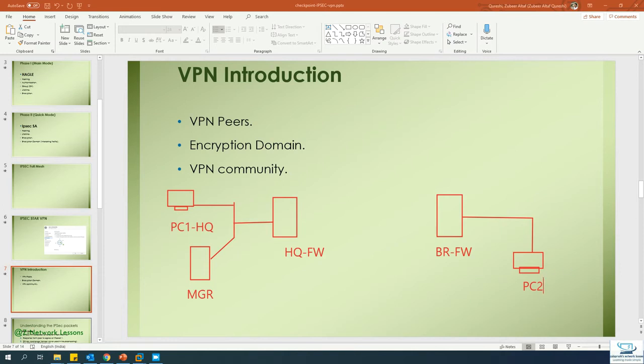Now this will be connected via the internet. So I have the internet here, and this firewall is connected to the internet, and the other firewall is also connected to the internet. So I have an IP address here and here, right?